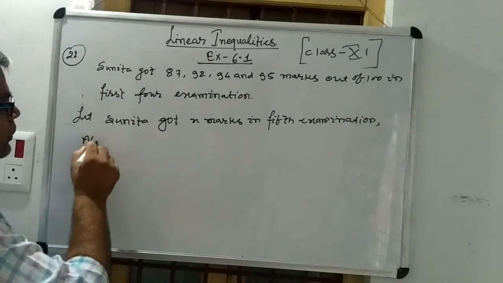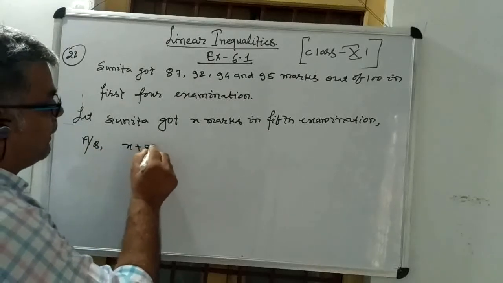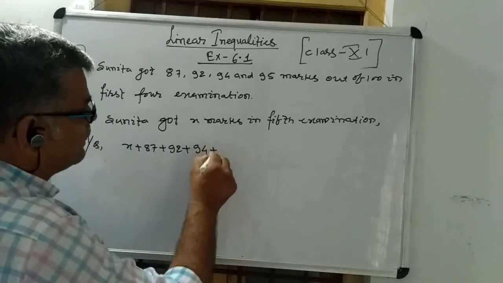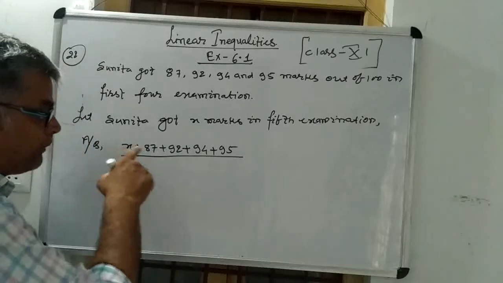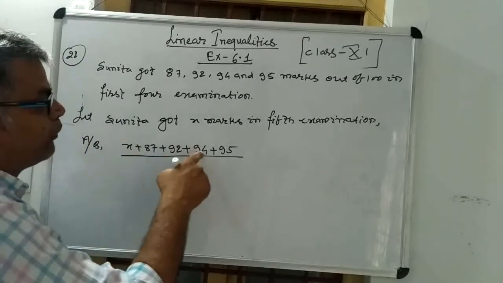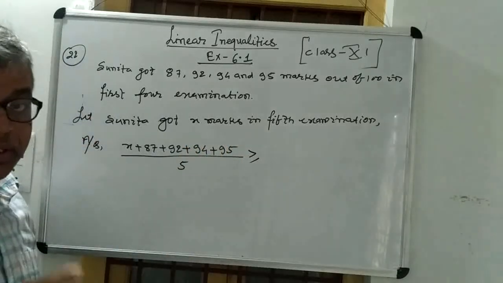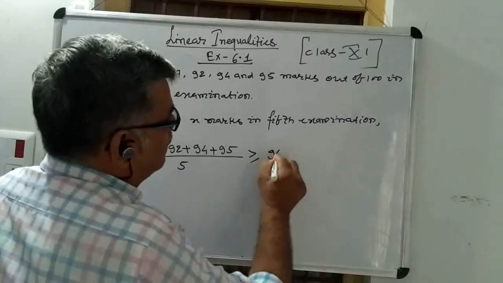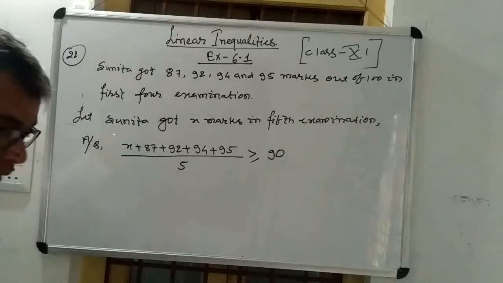According to the question, it is (X plus 87 plus 92 plus 94 plus 95), and to find the average, divide it by 5. And this average must be greater than or equal to 90, that is at least 90, or it may be more than 90 also.